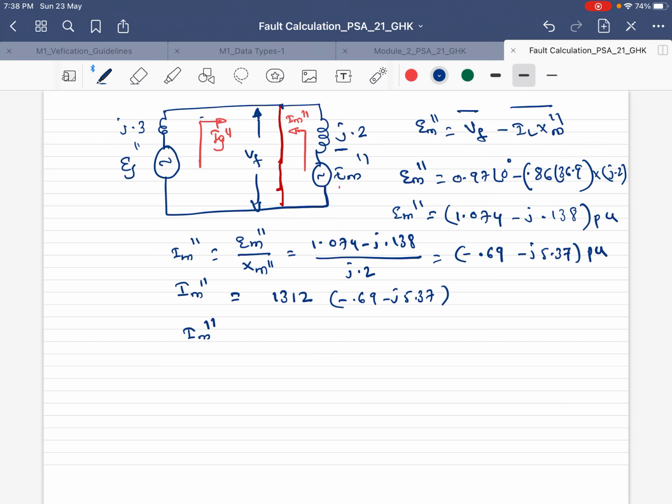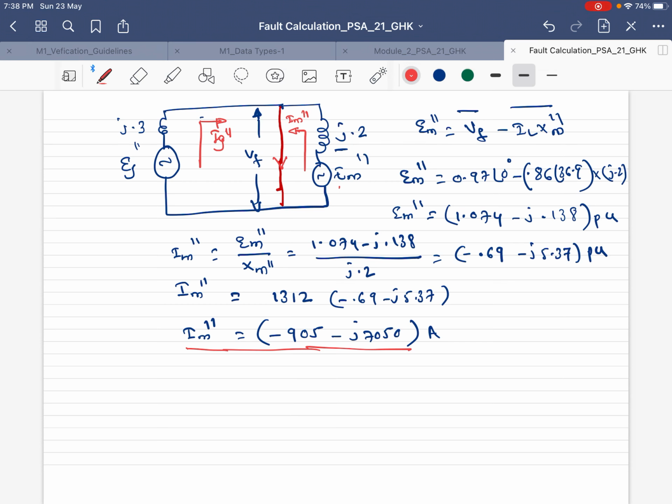Therefore IM double dash you get as minus 905 minus j7050 amperes, as the fault current contributed from the motor.